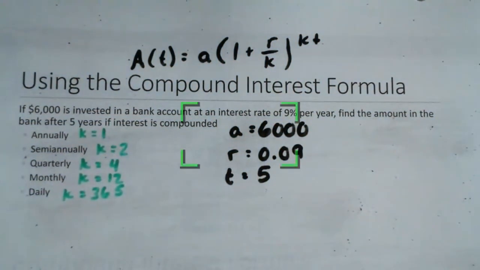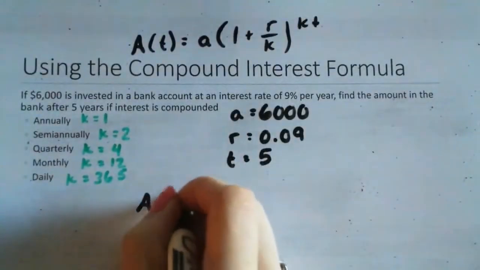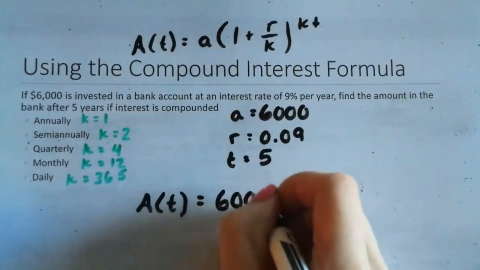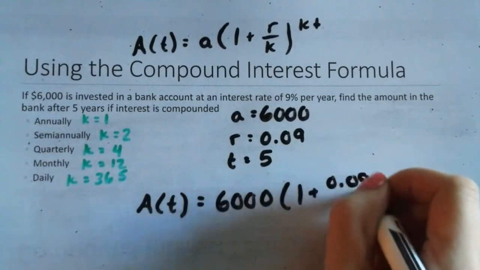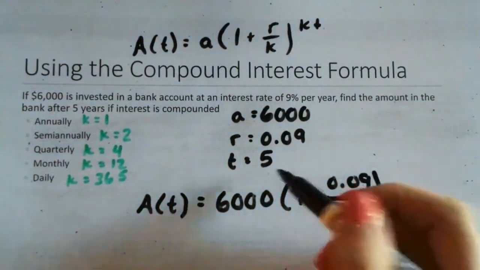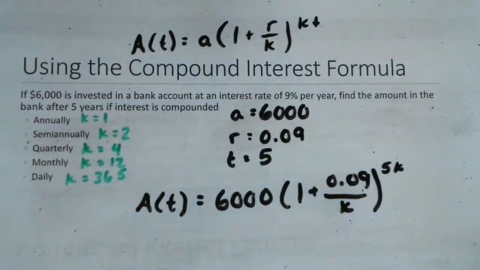So if I plug into our formula, what we're looking at is A of t is equal to 6,000 times 1 plus 0.09 over whatever k value we're using raised to the k times 5, which I can write as 5k. Now I could go in and type this in my calculator 5 times if I really wanted to and plug in each value of k.